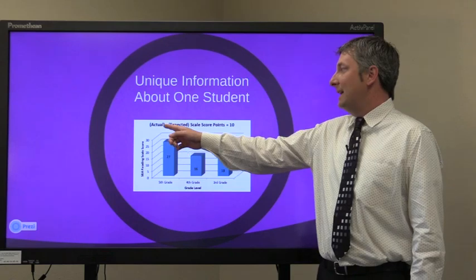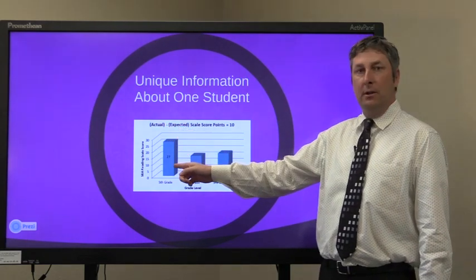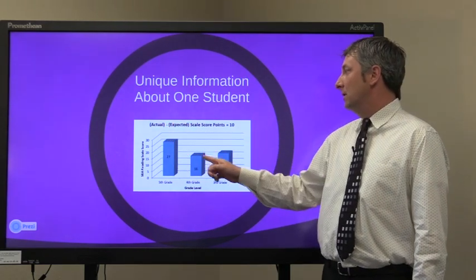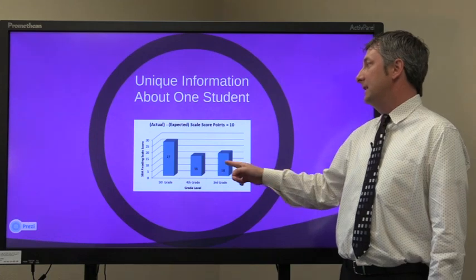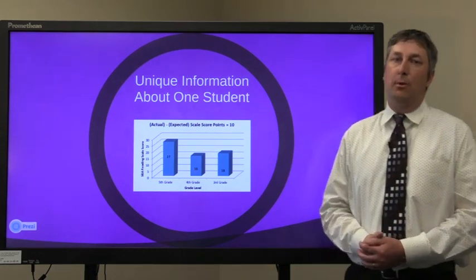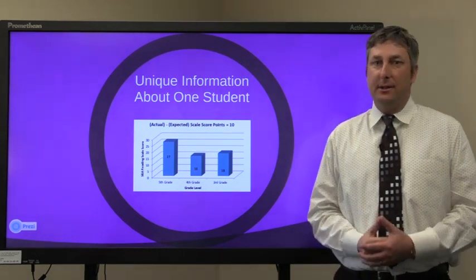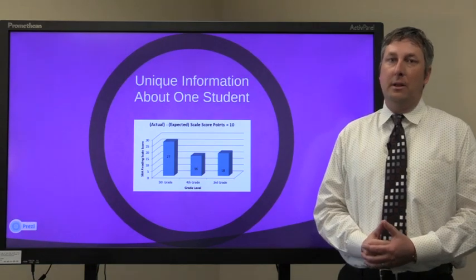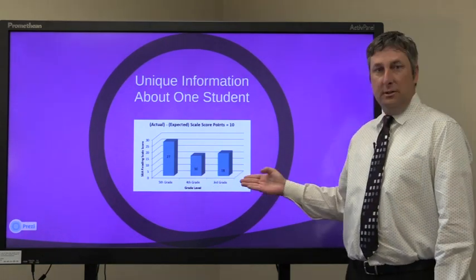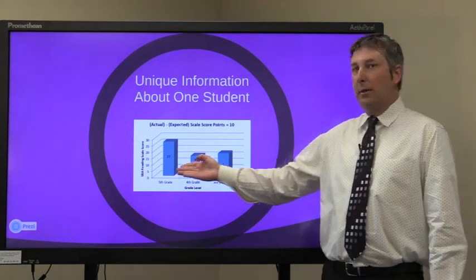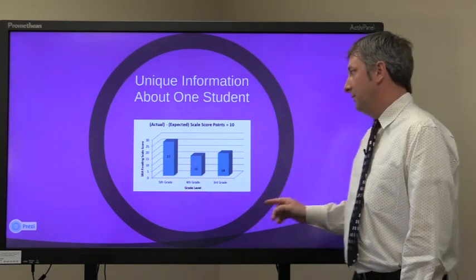So when you take a look at the actual score of 27, and then subtract an expected score of 17, there was a growth of 10 scale score points. So that is basically the philosophy of the value-added model. Where are students when they get to your classroom, and where are they when they leave? Moving on.